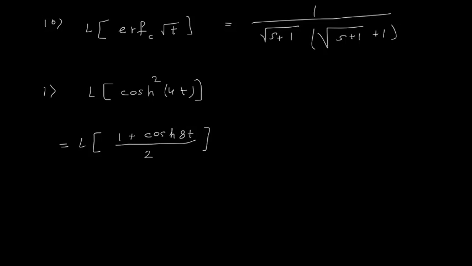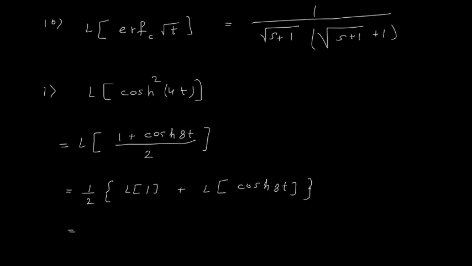Now 1 upon 2 we can take out, and using the linearity property we can write this as Laplace of 1 plus Laplace of cos hyperbolic 8t.